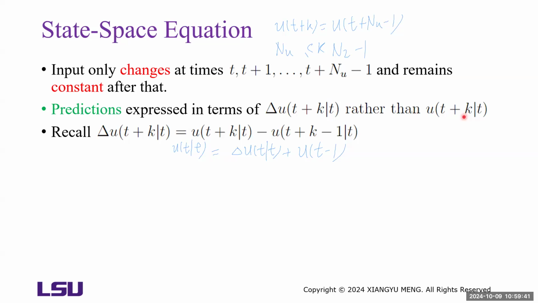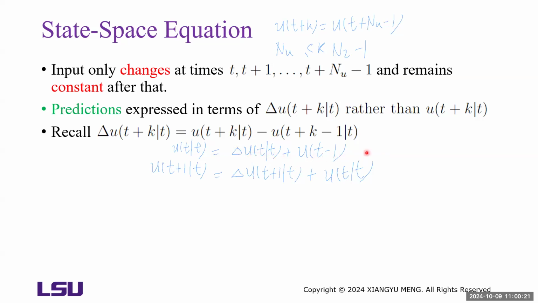So on, we have u(t+1|t). When k is 1, it will be delta u(t+1|t) plus u(t|t). Then based on the first equation, we know u(t|t) is delta u(t|t) plus u(t-1).